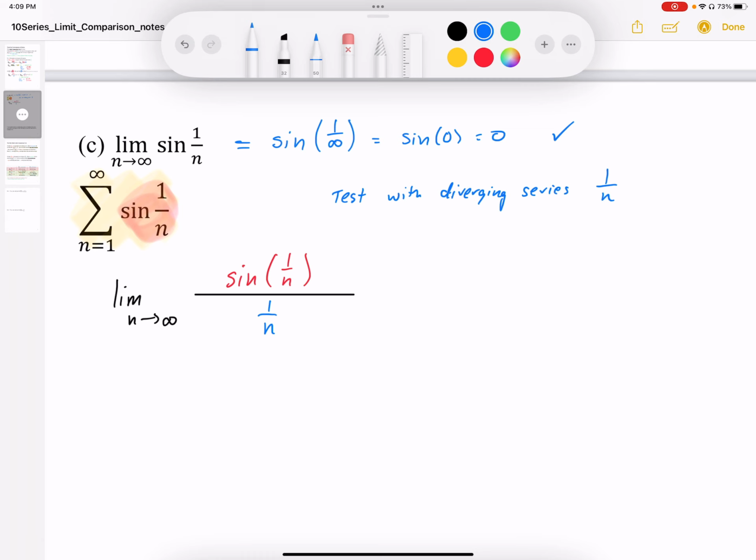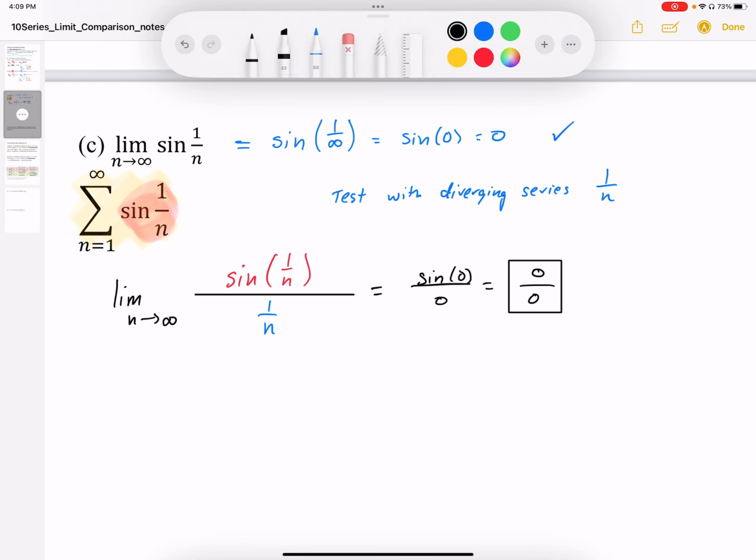Again, I can flip that upside down if I want, but I'm just going to put my unknown term on top. It's not a bad idea too. So I'm going to see if I can work out this limit. I'm going to get sine of 0 over 0, which is 0 over 0, which is inconclusive, but it does establish the condition for L'Hopital's.